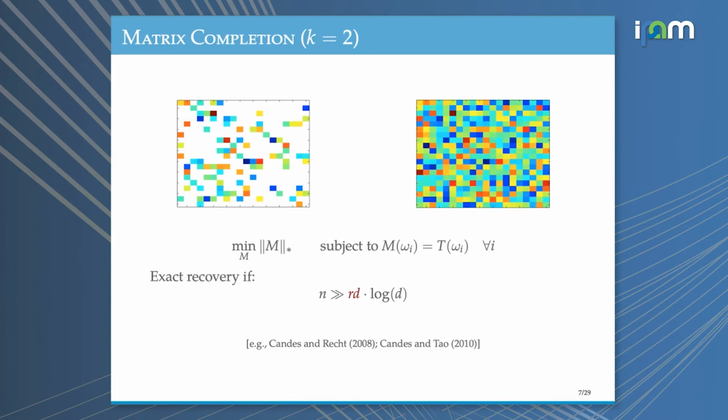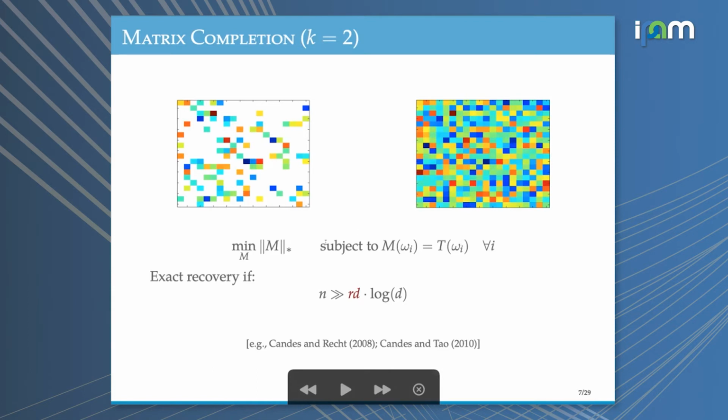If you think about it, this essentially can be viewed as a convex relaxation to rank, because rank is the number of non-zero singular values, and the nuclear norm is the sum of the singular values. So it's kind of like an L0, L1 type of relaxation. So what I'm going to do is I look over all the matrices M whose values on the observed entries agree with whatever I observed.